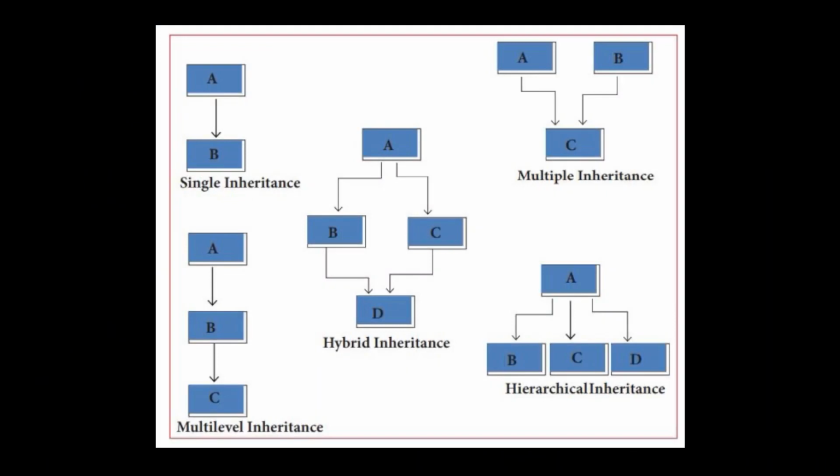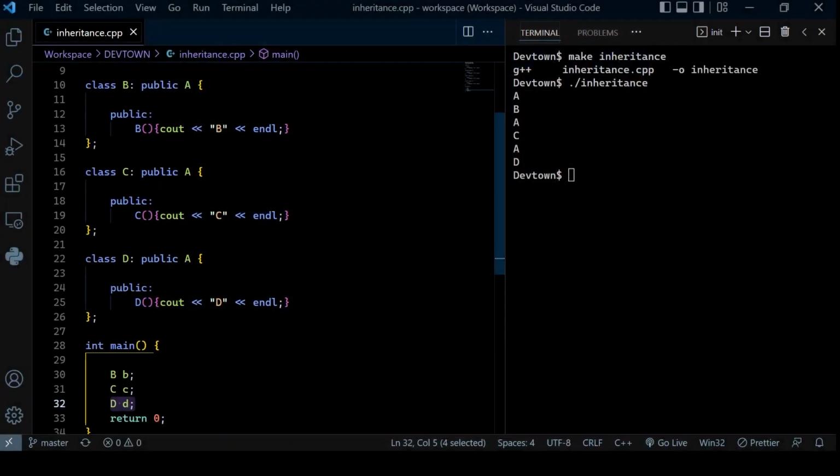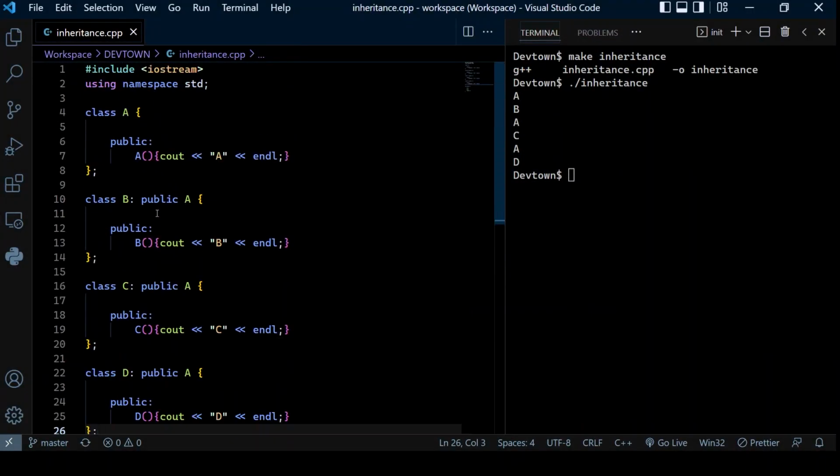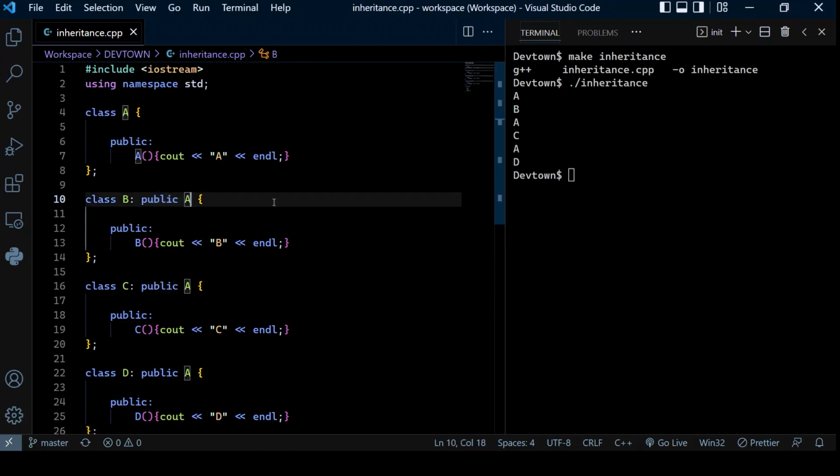Now let's discuss multiple inheritance, in which one derived class will have multiple base classes.